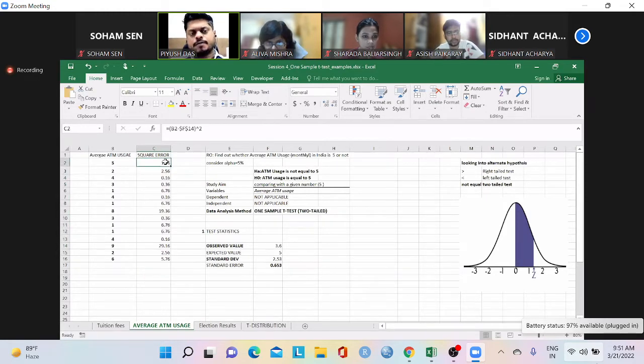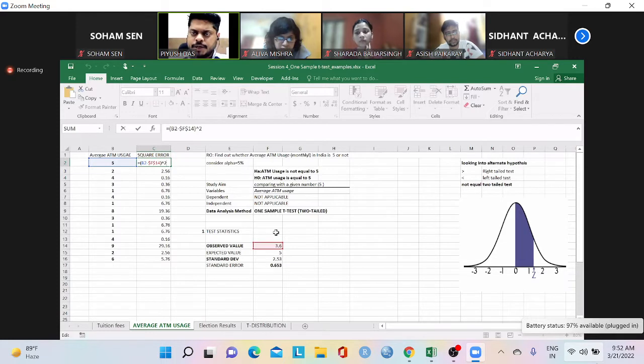So what I'm finding, for each point, how far that point is from your mean, right? That is how you calculate your variance, and you take the square root of that. That becomes your standard deviation, right?